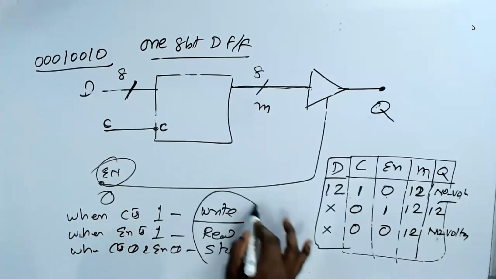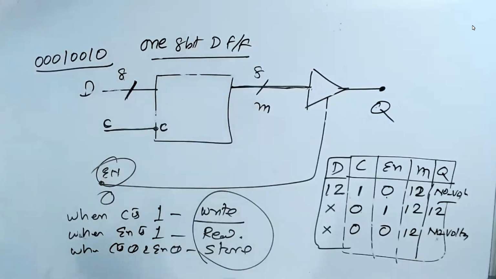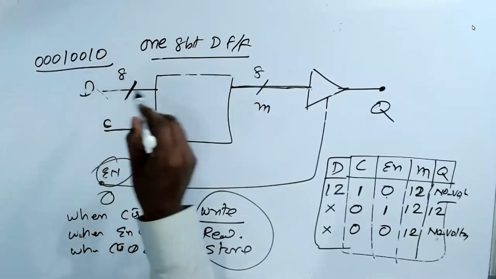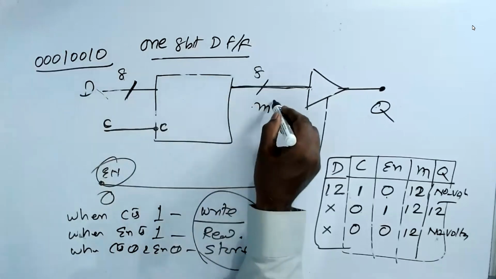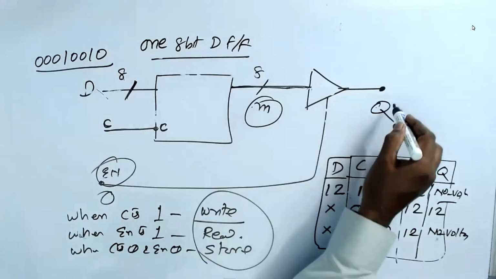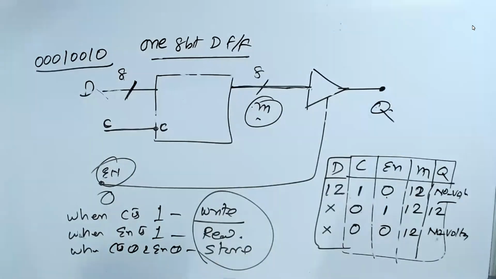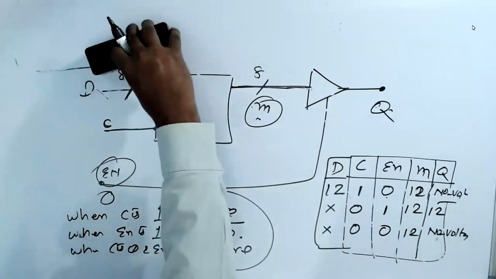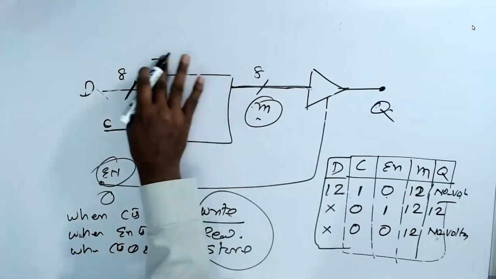Actually we do 3 operations: one operation we write, the second we read, and the third we store. That's why this is called 1 byte. 8-bit means 1 byte.